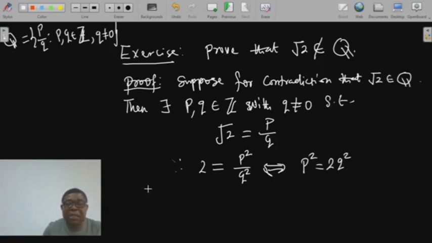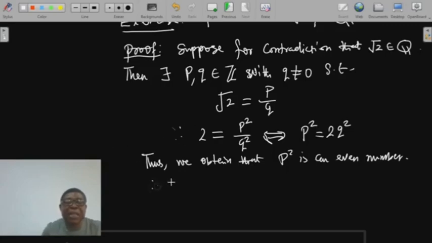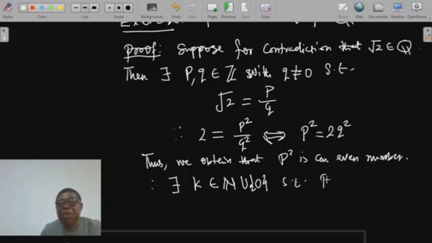So we obtain that p squared is an even number. This means that there exists a value k in the set of natural numbers union 0 such that p squared is equal to 2k.